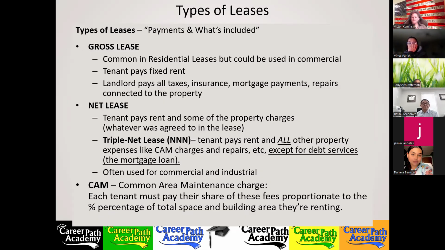So I'm responsible for 5% of all the CAM charges on that property. That's the way they usually pass off those charges to the tenants. I'm responsible for 5% of the property taxes, 5% of the landscaping fee, 5% of the landlord's insurance on the building. Plus, I've got to have my own business insurance. That's the way that it works.